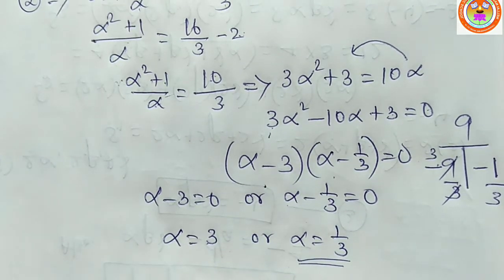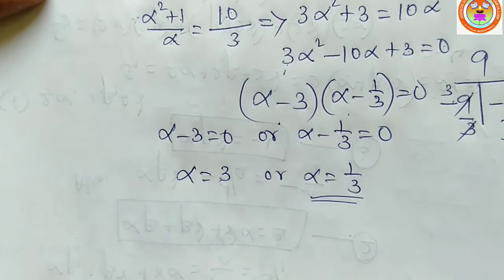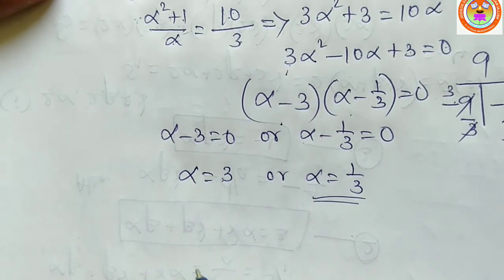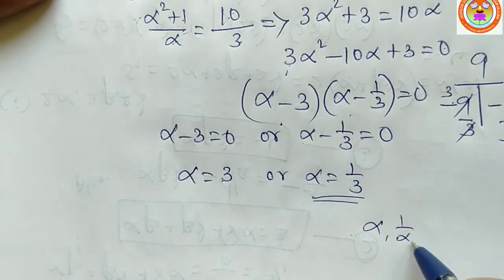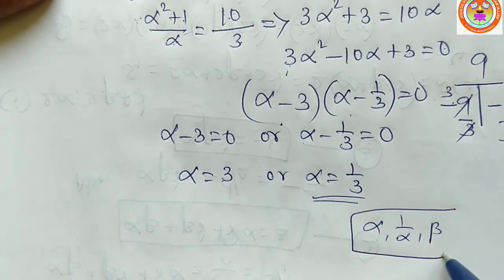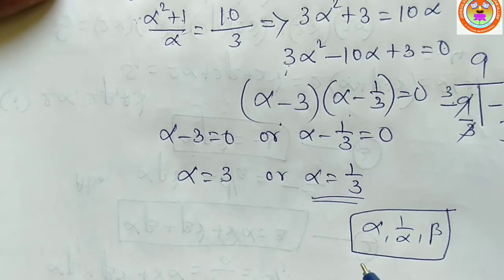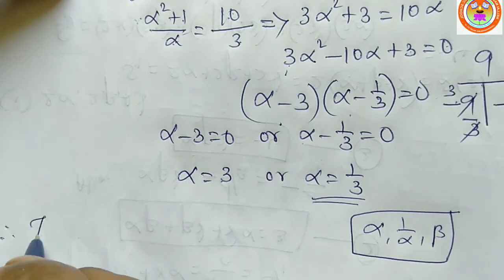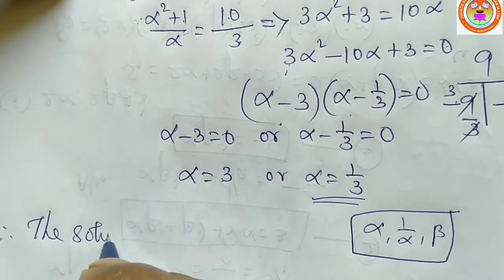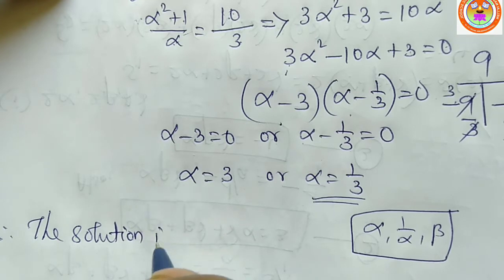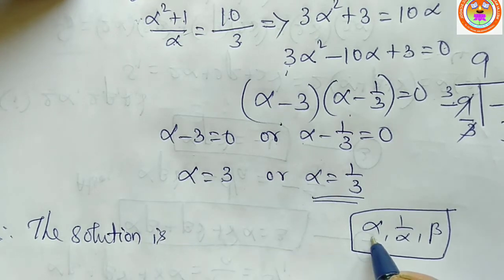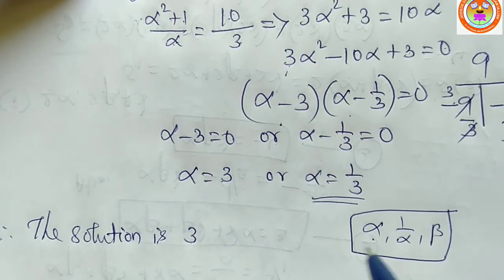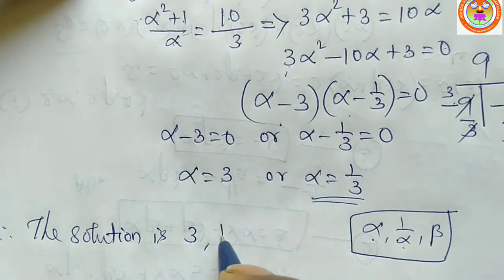So anyhow, we consider the roots as alpha, 1 by alpha and beta, right? These are the three roots of the equation 1. Therefore, the solution is, one is alpha. If we consider alpha as 3 means 1 by alpha is 1 by 3.